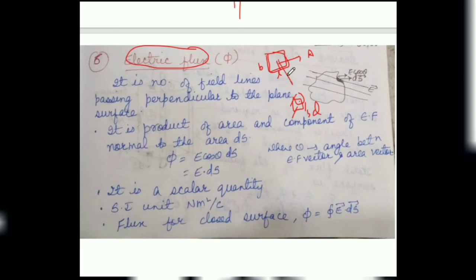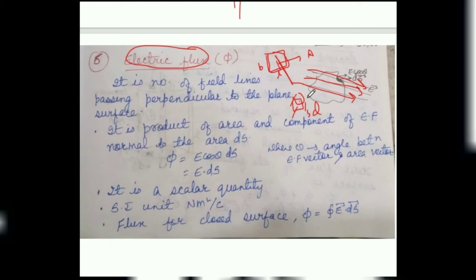So how many lines are passing through this plane, perpendicular to this plane, or you can say in the direction of the area vector, because the area vector is always normal to the area.